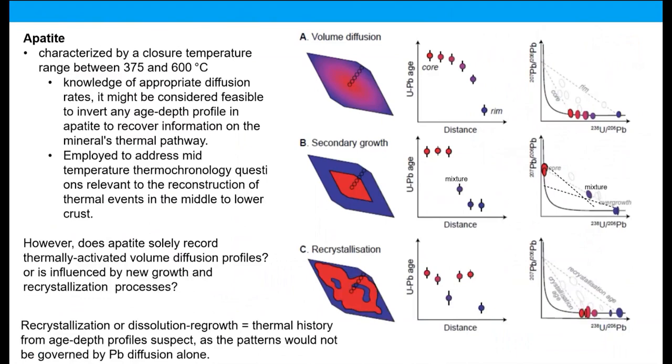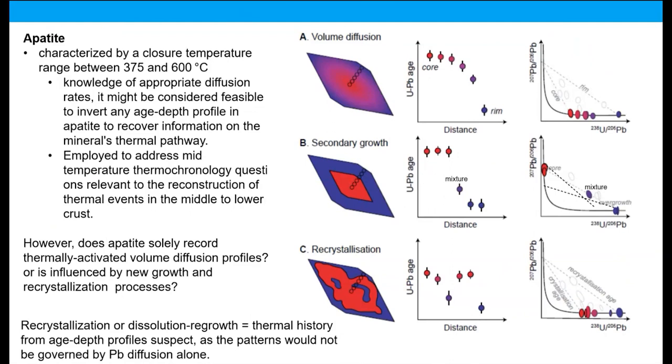But if it's a secondary growth or recrystallization process, that's quite challenging, because what it's then telling us is discrete time markers for different processes. So it's important to be able to distinguish between a lead diffusion process and a secondary growth or recrystallization process.